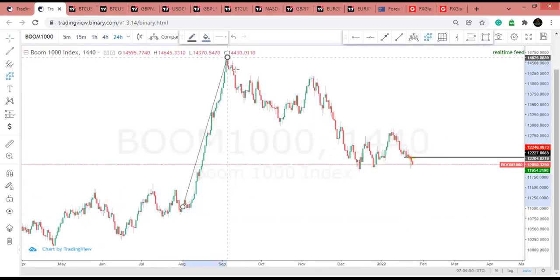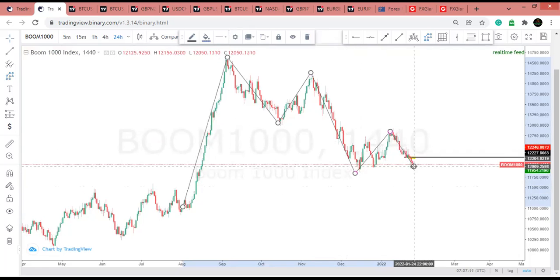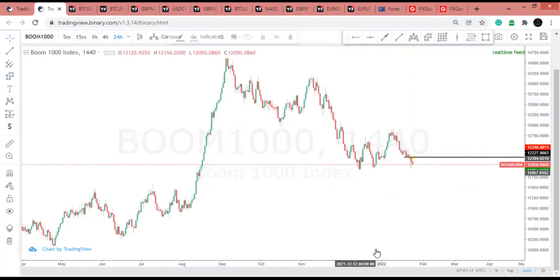We have our high, a lower low, a lower high, then a break of structure, another break of structure, and price is coming down again. Then when you go to our 4 hours, let me clear my polyline and take you straight to my 4 hours.